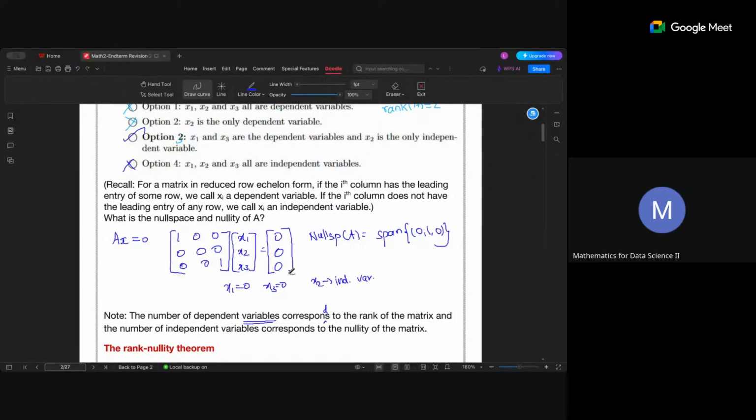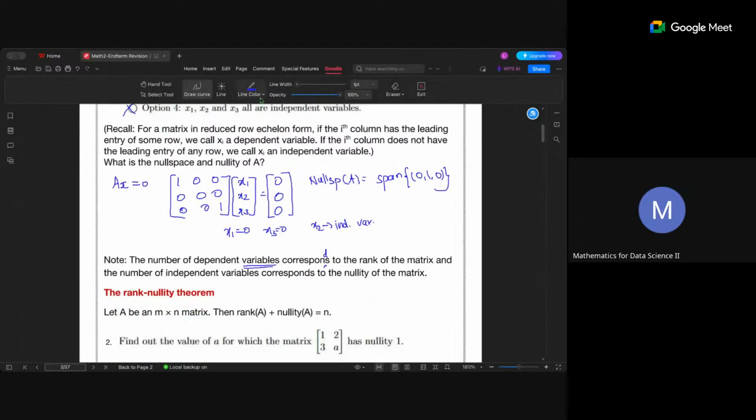Suppose, for example, your matrix is like this: 1 0 0, 0 0 0, 0 0 0. Now for this you have x2 and x3 as the independent variables, right?